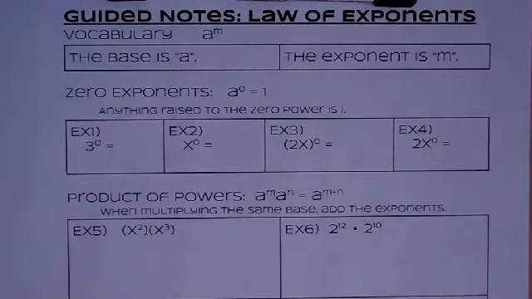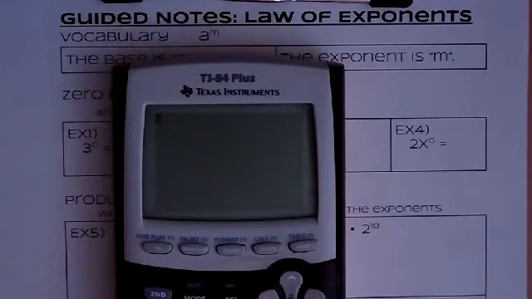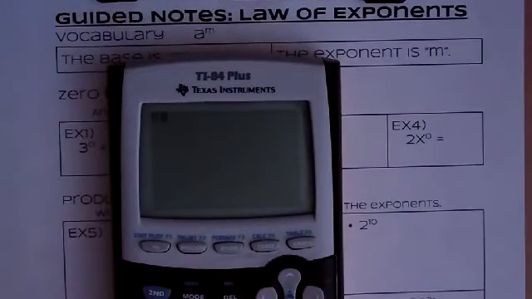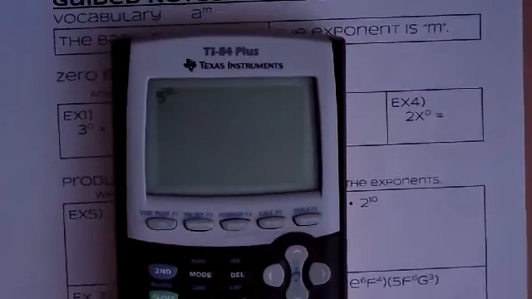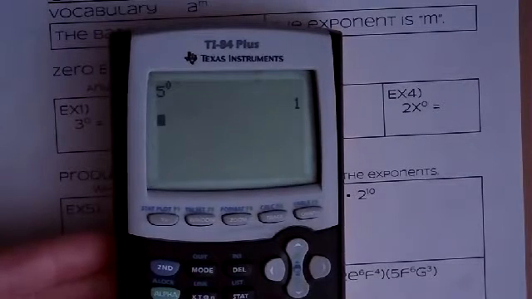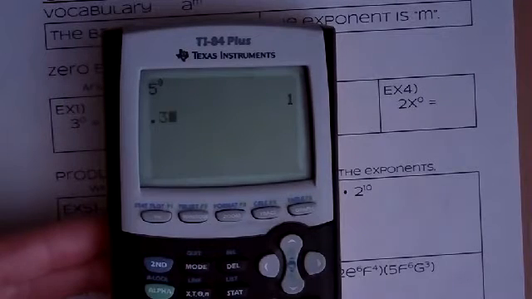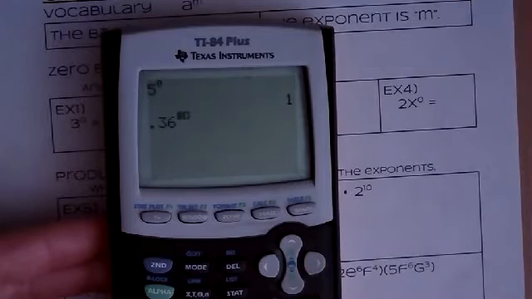Now, a lot of people go, that's got to be 0. Okay, well, let's just grab our calculator right here. What if I put 5 to the 0 power? Can we see this? 5 to the 0 power, I get 1. What if I do a decimal? 0.36. I just grab a decimal to the 0 power.